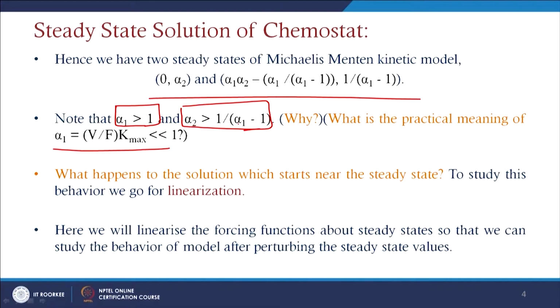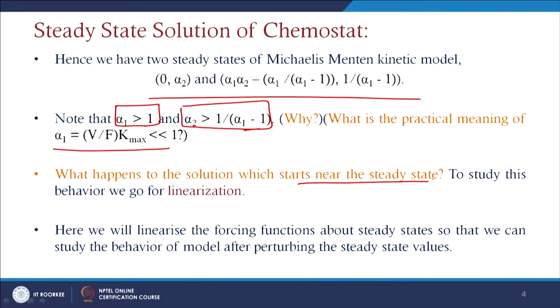So the next question is, what happens to the solution which starts near the steady state? Steady state means we are finding a state or critical level that should be maintained as t tends to infinity. To study this behavior, we will go for linearization, since all these factors are in nonlinear form here.